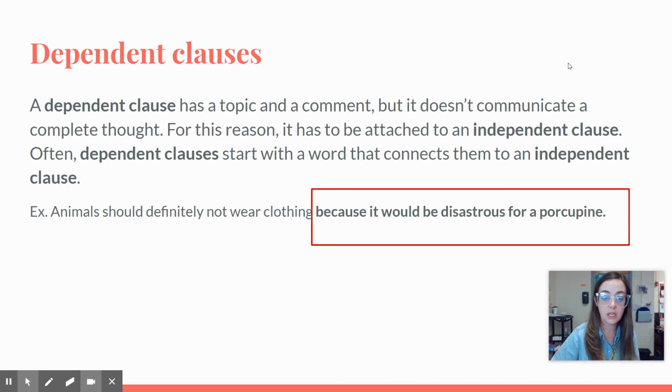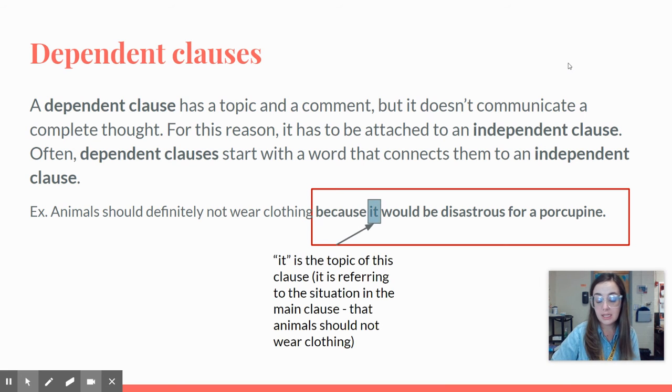It can't stand on its own. For this reason, it has to be attached to an independent clause. Often a dependent clause will start with a word that connects it to an independent clause. If we look at this right here, animals should definitely not wear clothing because it would be disastrous for a porcupine. The word because connects the rest of the clause to the main clause.